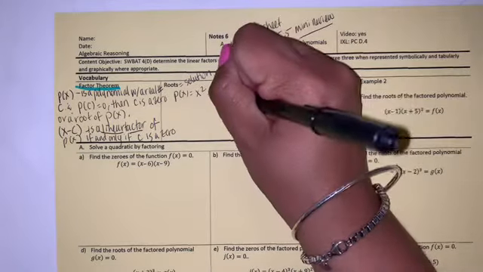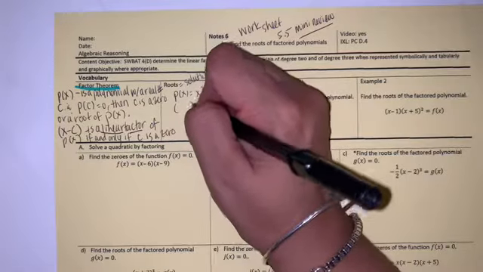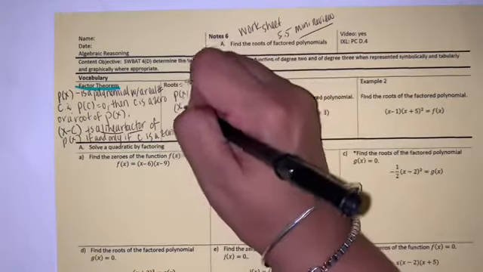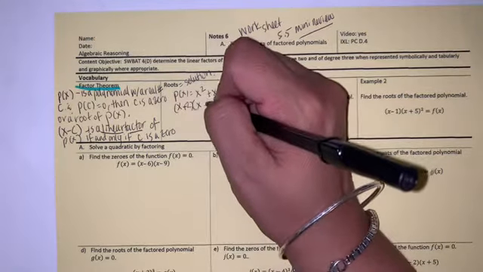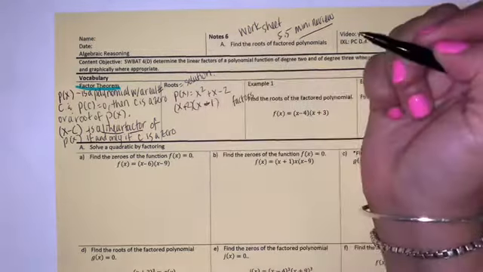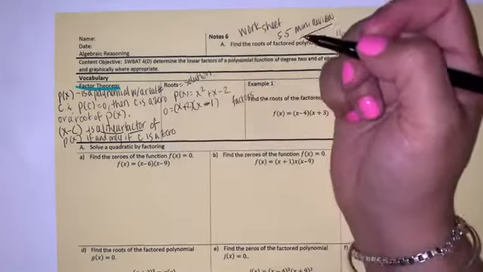And then you're going to find the factors, which we already know what they are, which are going to be X minus 2, X plus 2, X minus 1, and we're saying that those are equal to 0.